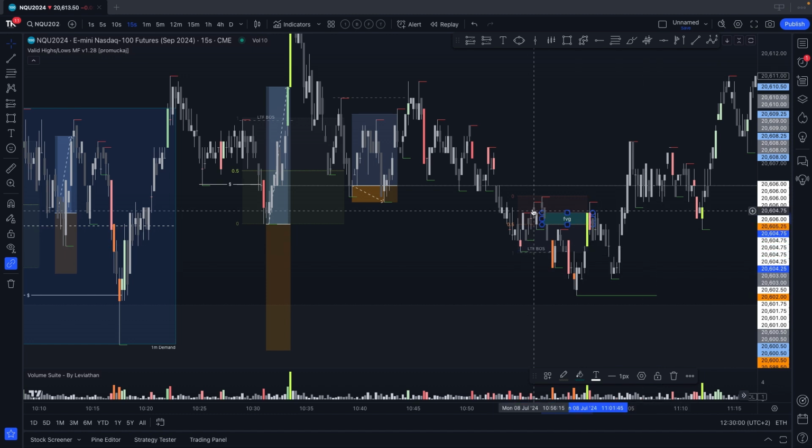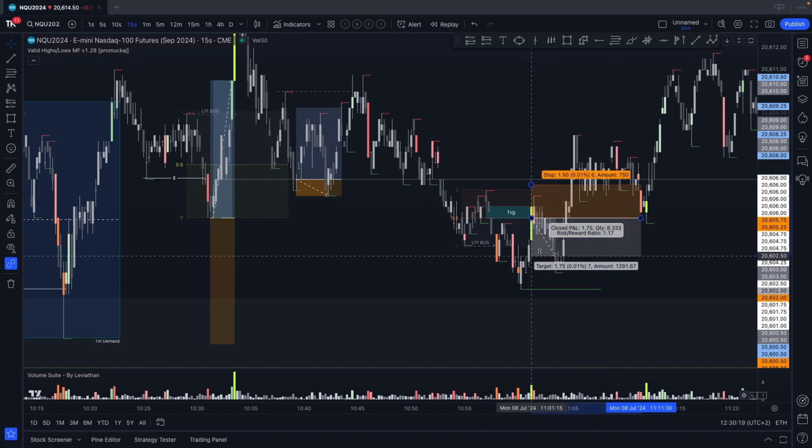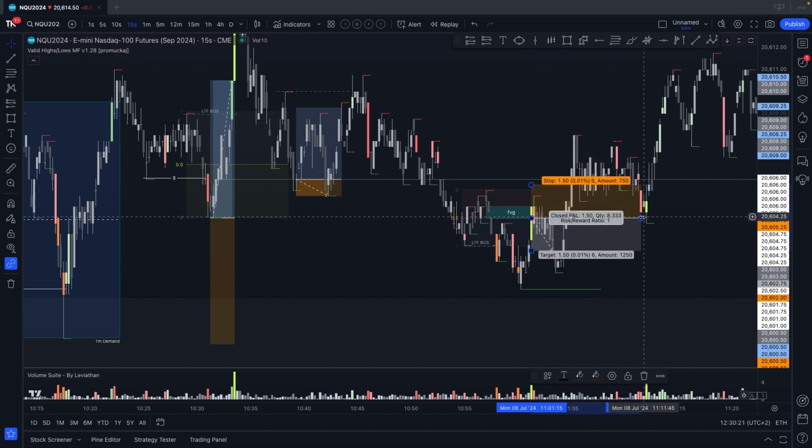Why? Because we have liquidity, we have break of structure, price re-enters, generates another liquidity, breaking another structure here. This is a very good trade. Very small trade, very quick scalp.